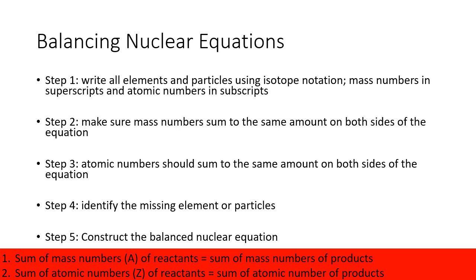Step 3, atomic numbers should sum to the same amount on both sides of the equation. And step 4, identify the missing element or particles. Steps 2 and 3 kind of iterate on each other. Step 5, construct the balanced nuclear equation.